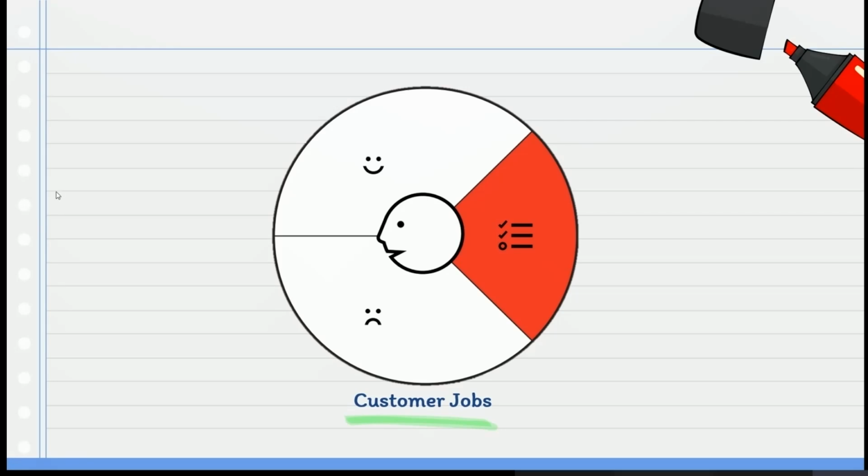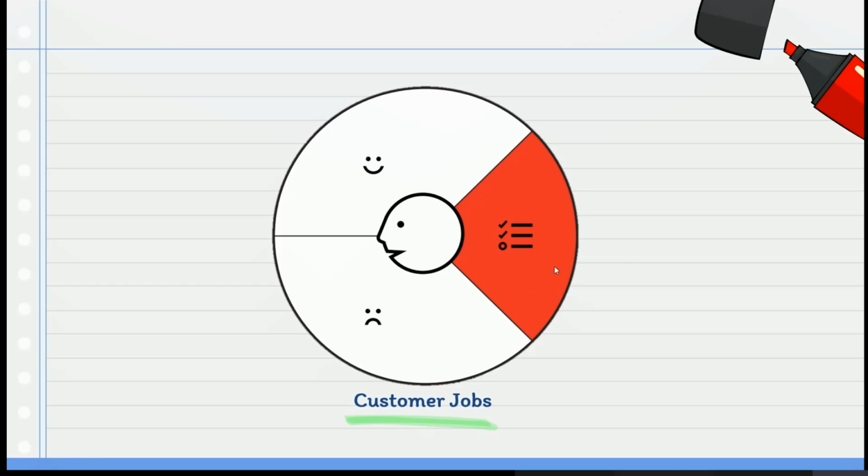So you need to list what your customer needs to do from their side, to make sure that from the customer's perspective, when they look at your product, they have the full image of your project that they are looking for. This is for the customer jobs.